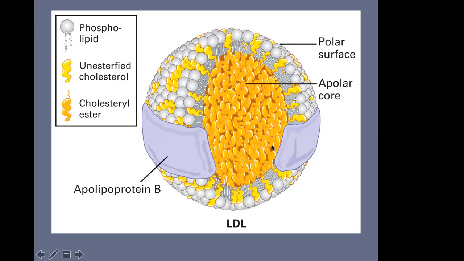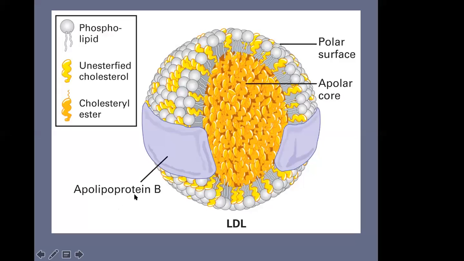These are either integral proteins, which are called apoproteins, or peripheral proteins, which are just attached to the outer surface of the phospholipid and cholesterol.